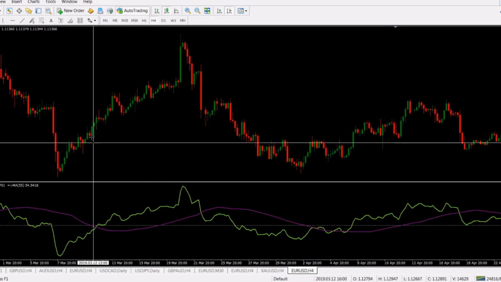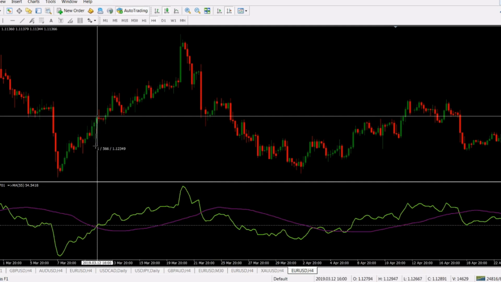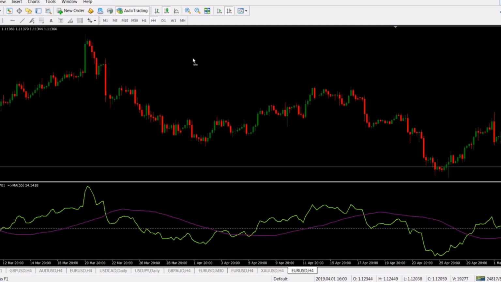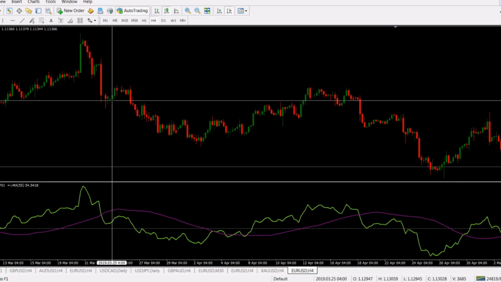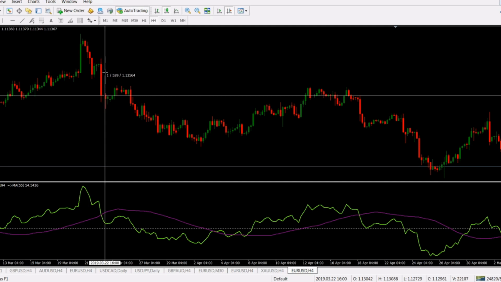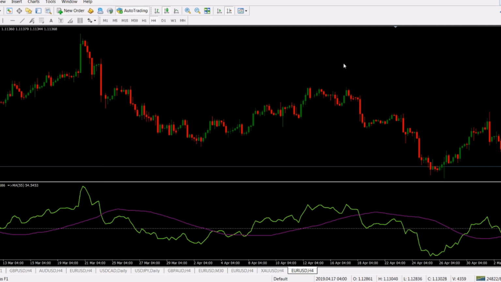As you can see, the next one, 50 pips stop loss, 130 take profit. Next one over here, stop loss 50 pips, take profit 100. So as you see, easy.